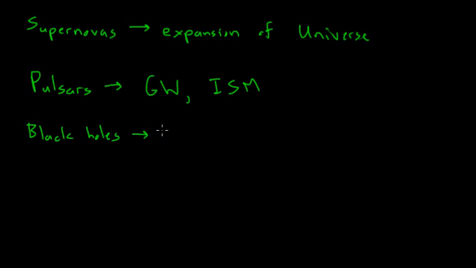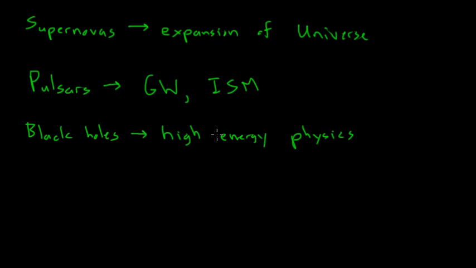So this allows us to study high energy physics. So these are just a couple of examples of how, if you're very clever, you can use what you've discovered before to further investigate other areas that may seem at first completely unrelated.